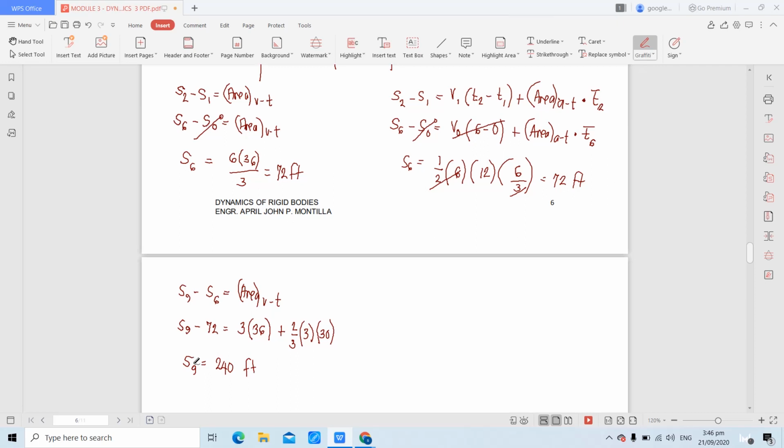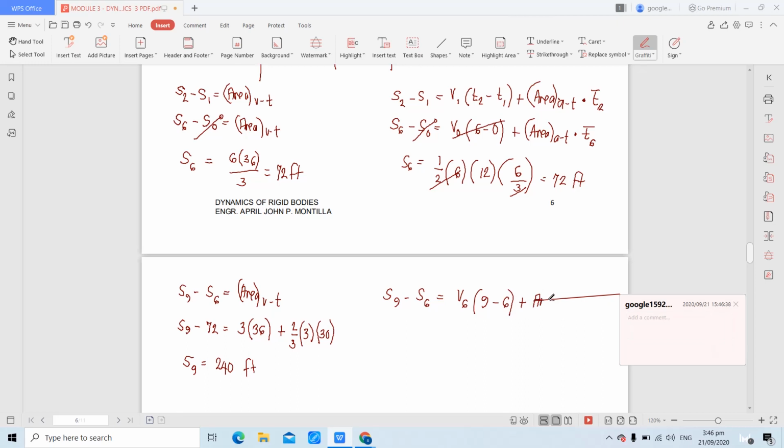Ngayon, i-check naman natin yung position at 9 seconds using itong mas mahabang formula na to. Final position, yung position at 9. Minus initial position, position at 6 seconds. Equivalent to initial velocity, velocity at 6 seconds. Multiplied by T2, final time. Ang final time, 9. Minus T1, initial time, 6.